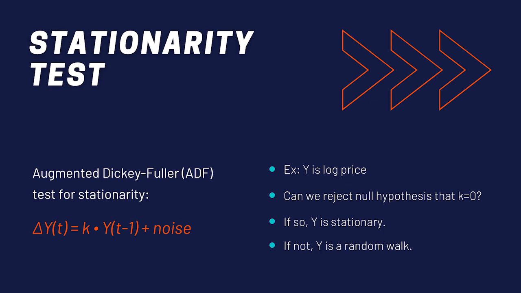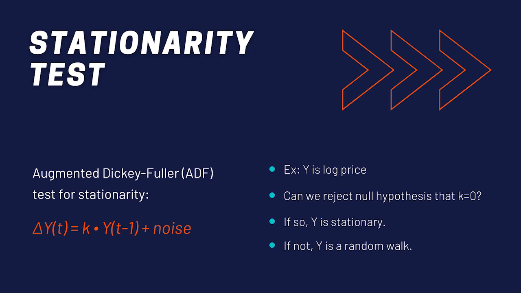Or if y is a book value, again, it can go up 100 times over 10 years. It never ends. Presumably, one day maybe Amazon goes bankrupt, and we will suddenly go from 10 trillion to zero. You never know. I mean, 50 years from now, maybe there won't be an Amazon. So the book value and the log price, those are random walks, and they're not stationary, far from it.